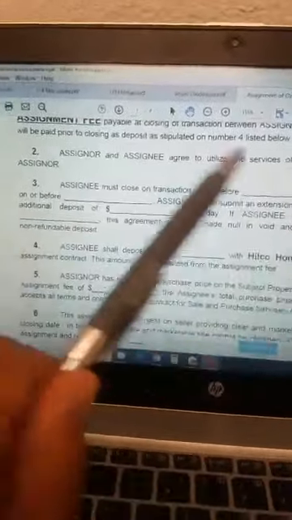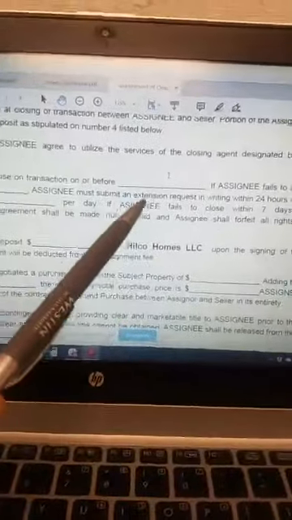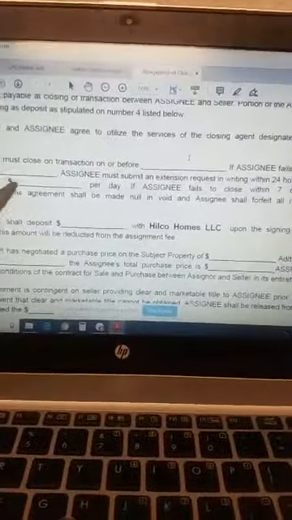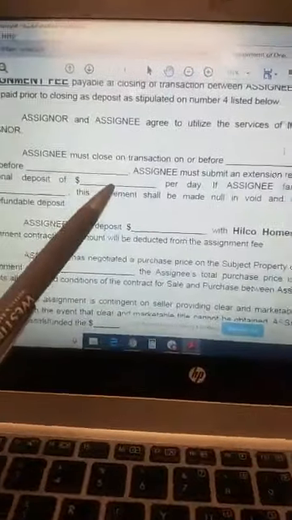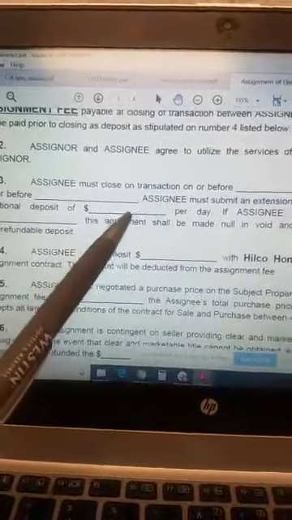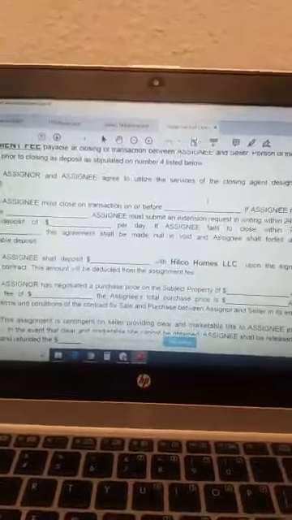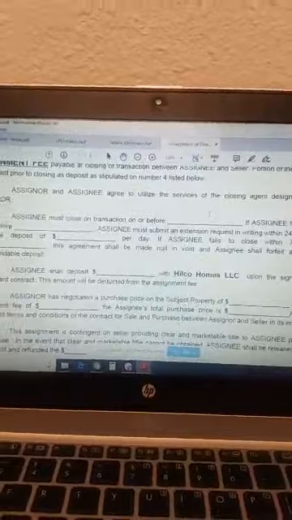So if assignee fails to close on that date, the assignee requests an extension. And if he doesn't request an extension, there is an additional deposit per day. So if he's not ready to close, the buyer, you can ask for a 50-day extension, $100 per day, $1 per day, whatever you agree to. Just make it reasonable.